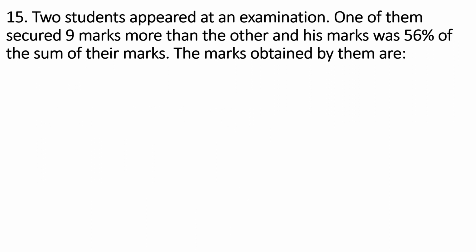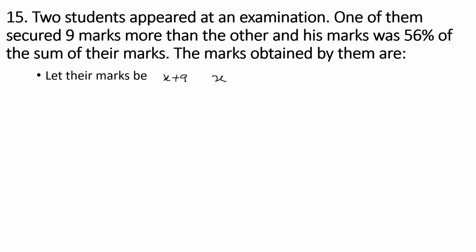Next question. Two students appeared for an examination. One of them secured 9 marks more than the other, and his mark is 56% of the sum of their marks. You have to find the marks obtained by each of them. Let us take the marks obtained by the students as x plus 9 and x.